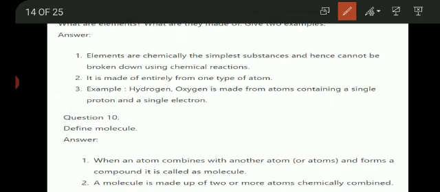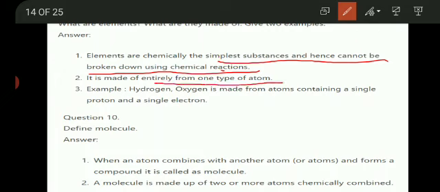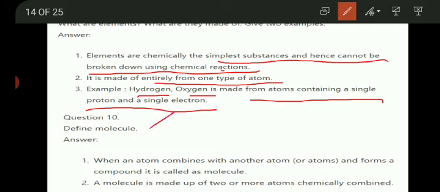Elements are the chemically simplest substances and hence cannot be broken down using chemical reaction. We cannot break them into another substance. It is made entirely from one type of atom. Example, hydrogen, made from atoms containing a single proton and a single electron. That is called elements.